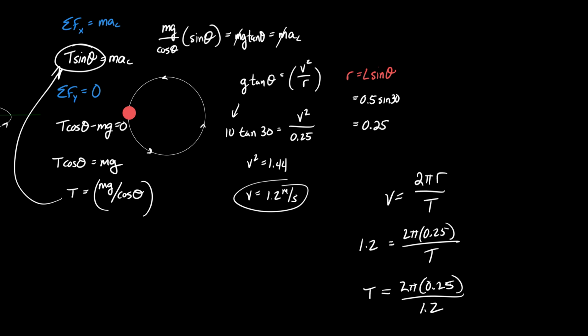Two times 3.14159 times 0.25 divided by 1.2, and it looks like it takes 1.3 seconds. Ta-da. Is that what you guys get? 1.3 seconds? Yay, go team.